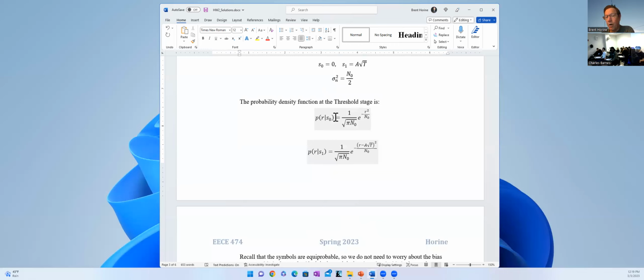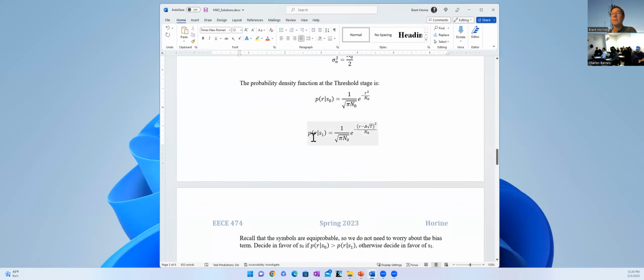You turn the transmitter off, so you're not sending any energy, and so the mean is going to be 0. So this is your Gaussian distribution with a 0 mean and a sigma squared of N naught over 2.